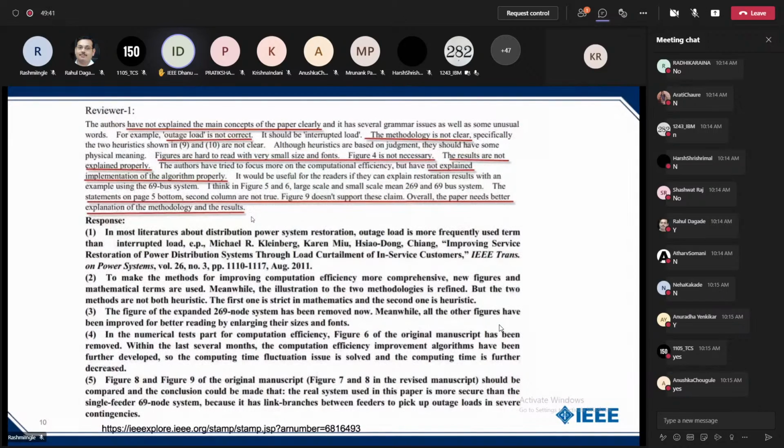The reviewer has written a paragraph and highlighted those aspects wherein revision is required. And the second part is the response from the author. After making the necessary changes in the paper, the author writes this. So I'd like to take a pause for 1 minute. Till then, I want all of you to just go through the reviewer comments and also the response.